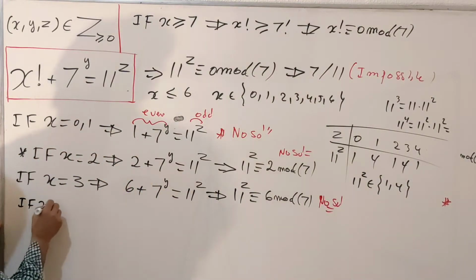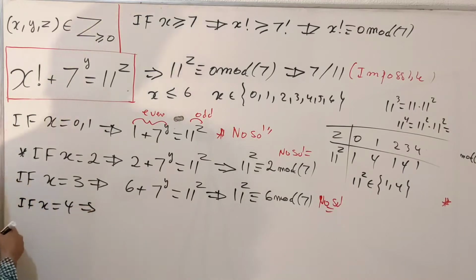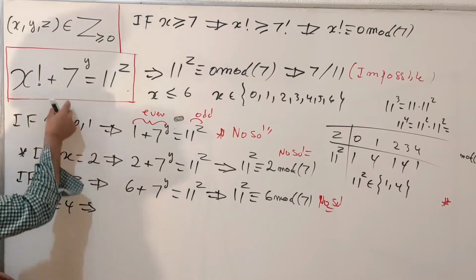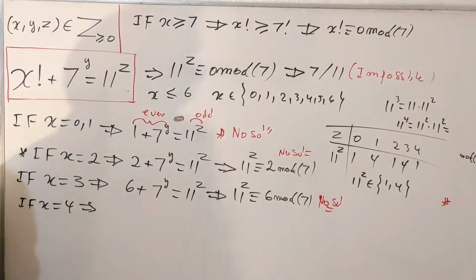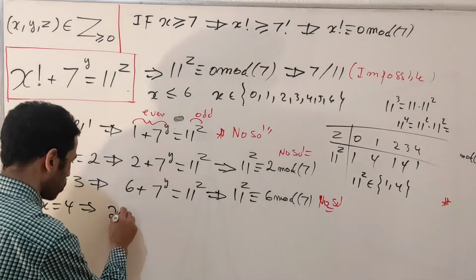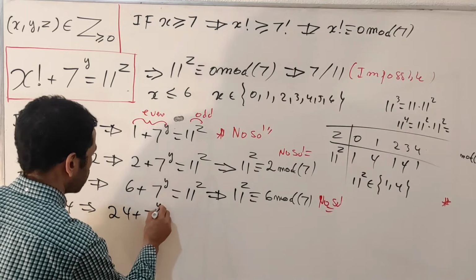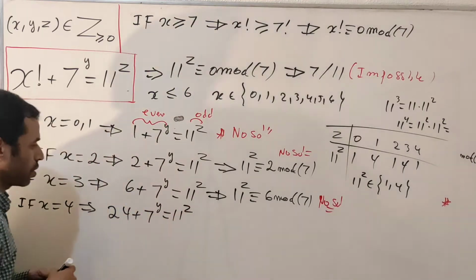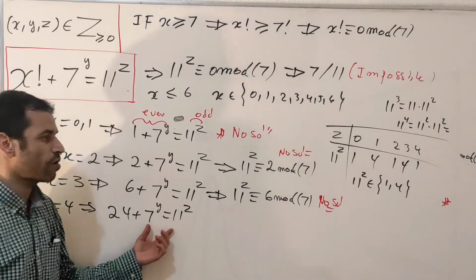If x equals 4, which is 4 factorial, I'm going to insert this into the original equation. 4 factorial is the same as 24. So 24 plus 7 to the y equals 11 to the z. But this time I'm not going to reduce this to mod 7 or 11.